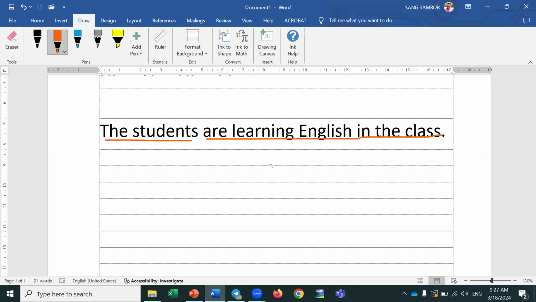So you can now start drawing sentence, and then you probably divide into noun phrase, okay, and verb phrase.